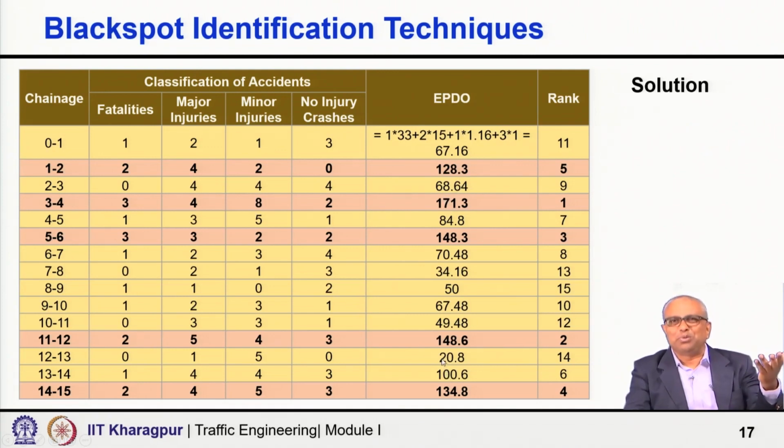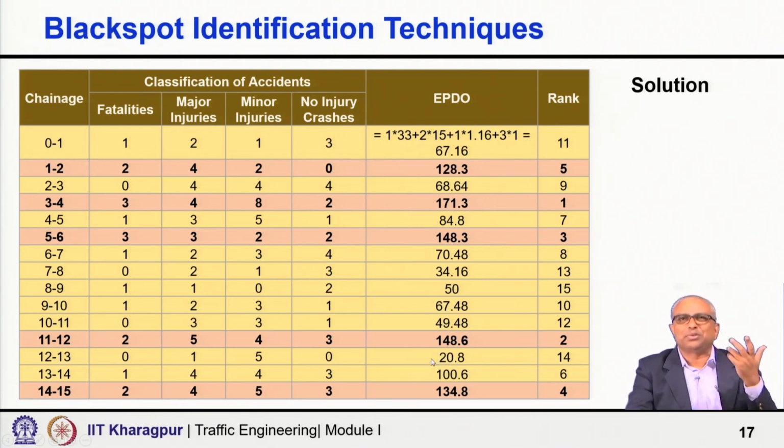This is an example problem only. 15 chainages, 15 segments only we have taken. Out of this 15, the maximum value is 171.3, so that is ranked as 1, followed by the next highest, 148.6, ranked as 2. Third highest is 148.3, very close, but slightly lesser, so ranked as 3. Like that the sites are ranked.